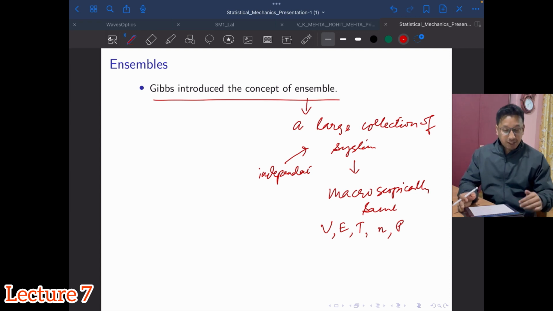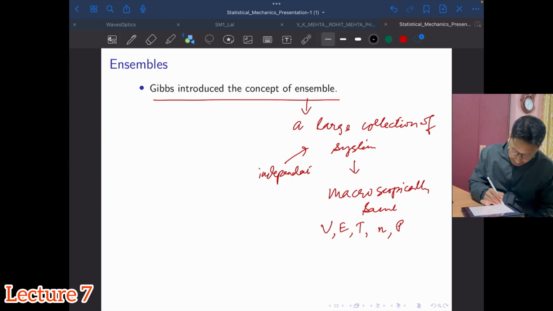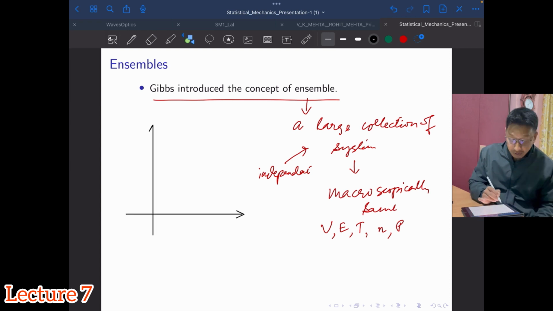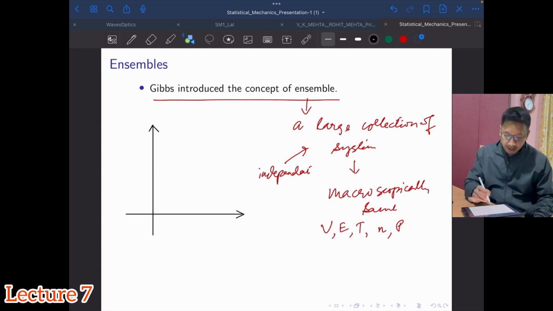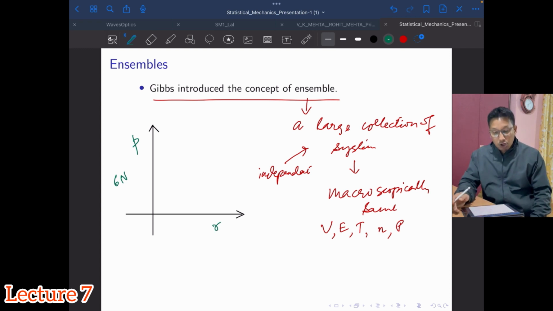Now the gamma space will come into play. We have already talked about the gamma space. We all know that this is a 6-dimensional space, with, let's say, momentum on one axis and position, let me write r, on the other.